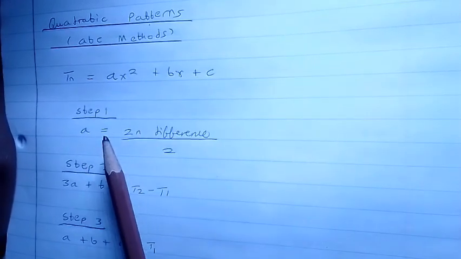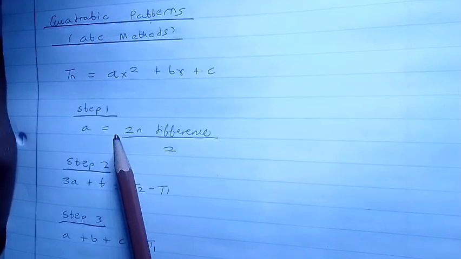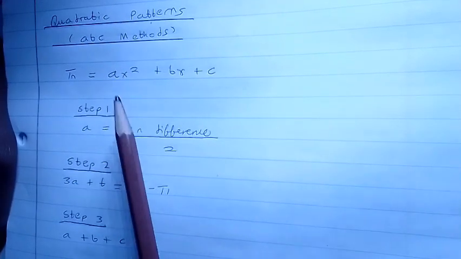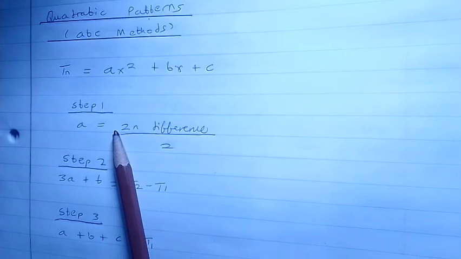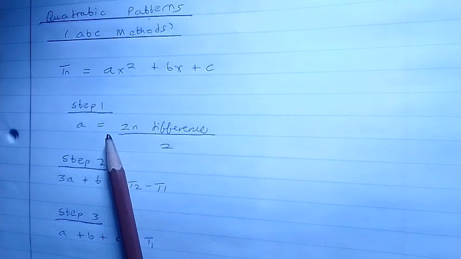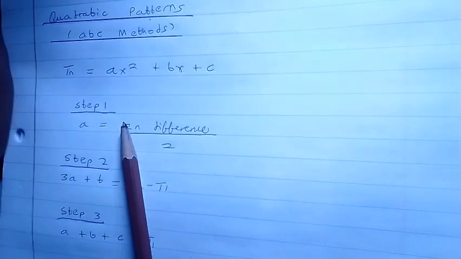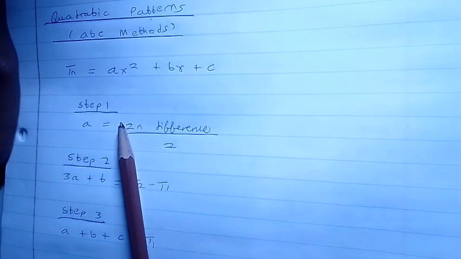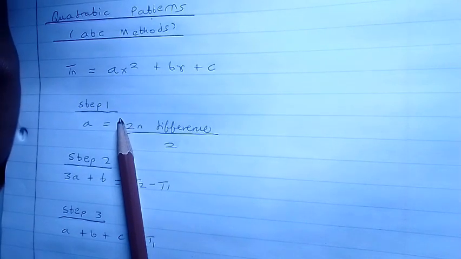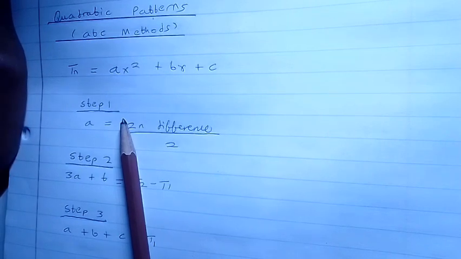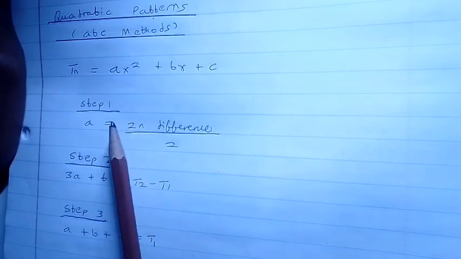So in order to find the value of a, we take the second difference, the second line's difference, divided by 2, and then we get our a.